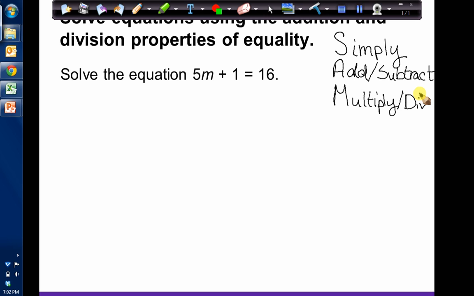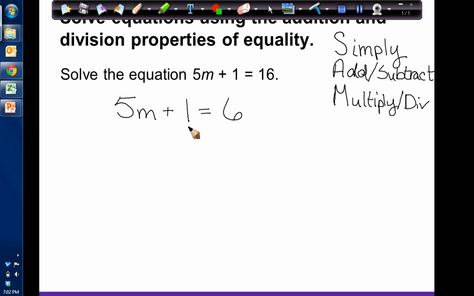Think of this as unraveling the variable. You're trying to get the variable on a side of the equal sign by itself. Let me copy this down. We're going to start by simplifying each side of the equal sign separately.